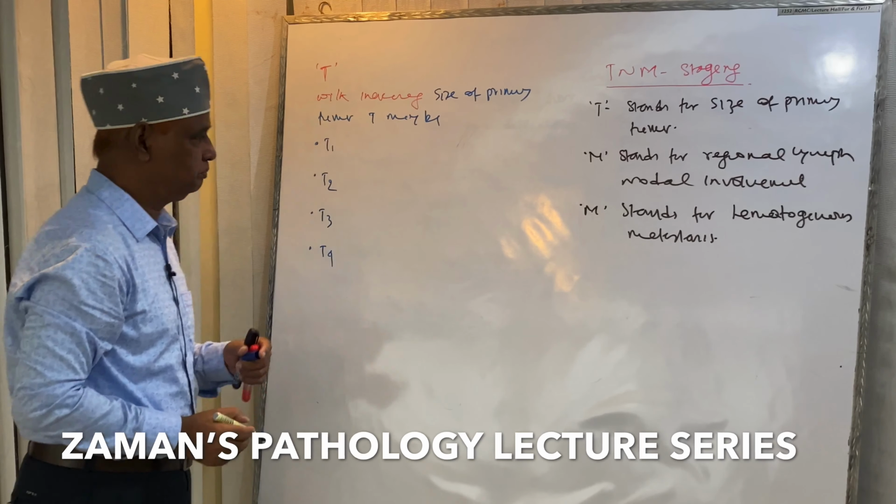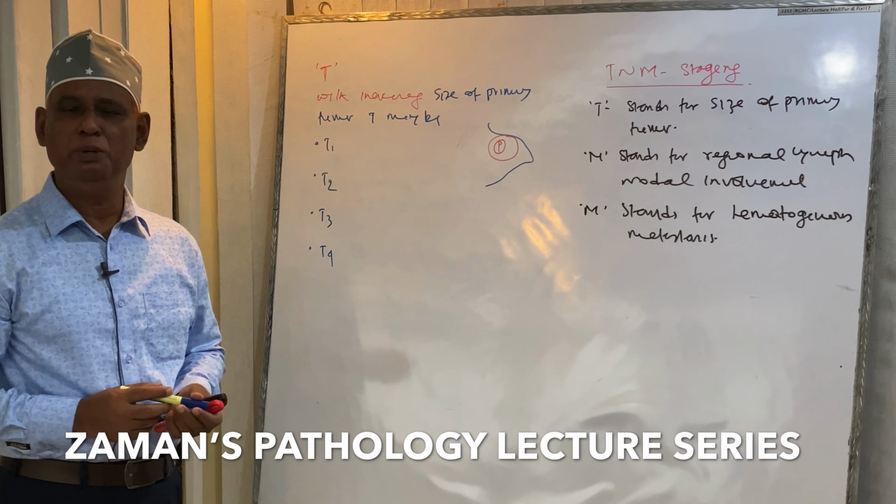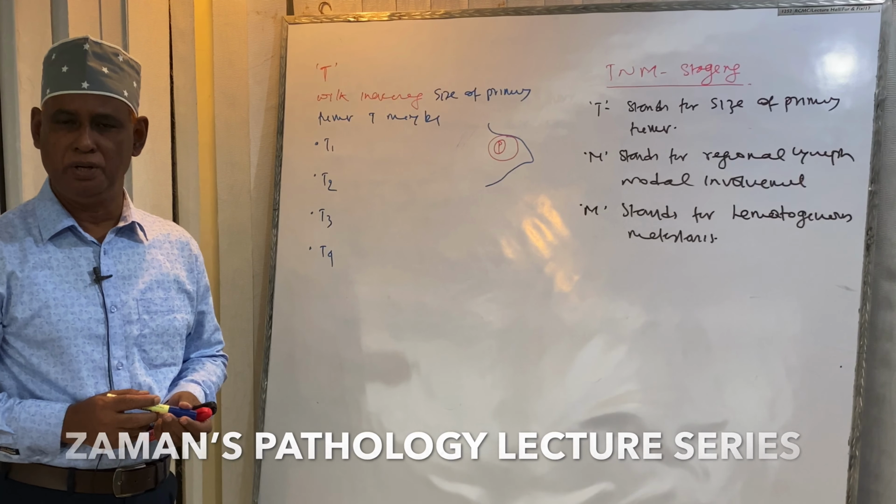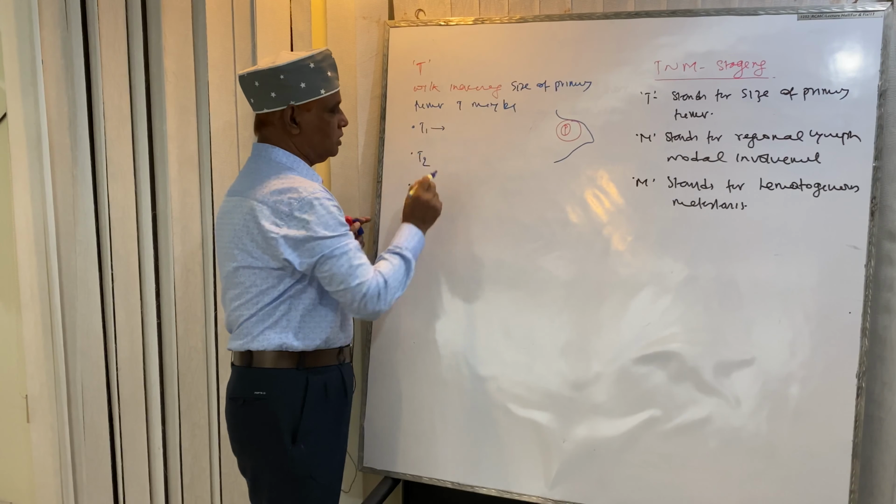Dear audience, suppose this is female breast and there is a carcinoma in the breast, and this is the primary tumor of the breast. With increasing size of primary tumor, T may be T1, T2, T3 and T4. Suppose T1 means 2 centimeter diameter of the primary tumor.